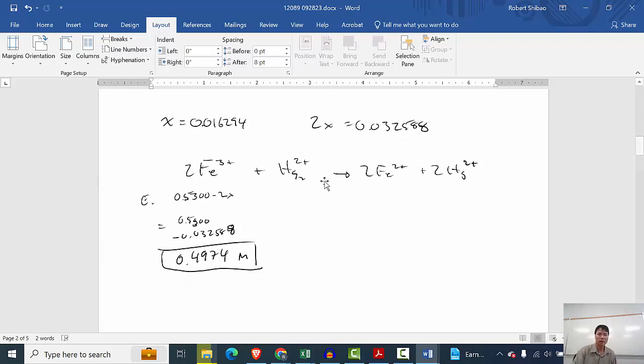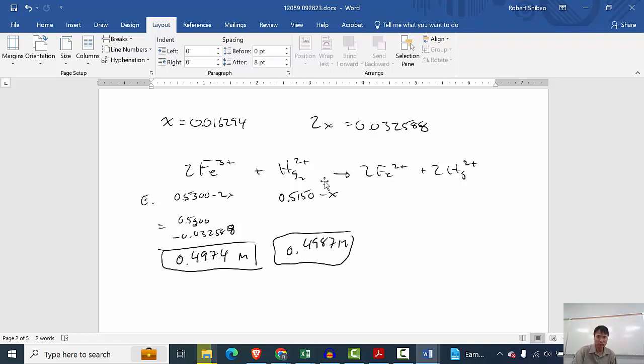because I want to double check it again. All right, this was 0.5150 minus x. And so 0.515 minus 0.016294, and I get 0.4987 molar. 4 sig figs probably, should be okay.